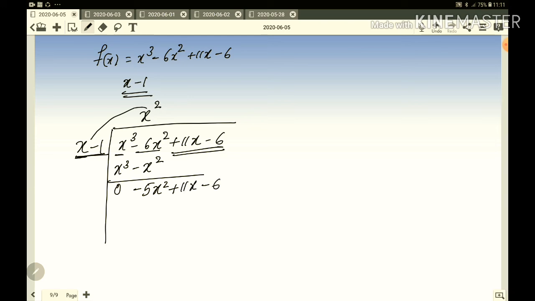Now actually you are repeating the same steps. How did you start? Think about this x. Which number multiplied by x becomes minus 5x square? It's going to be minus 5x, isn't it? Write it as part of the quotient, then repeat the step. Minus 5x is going to multiply this factor and write it under this dividend.